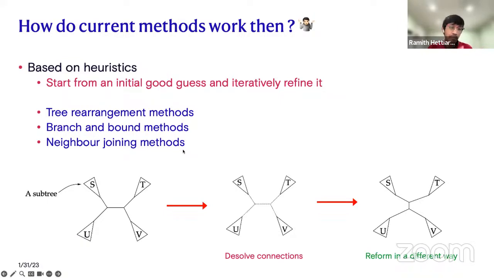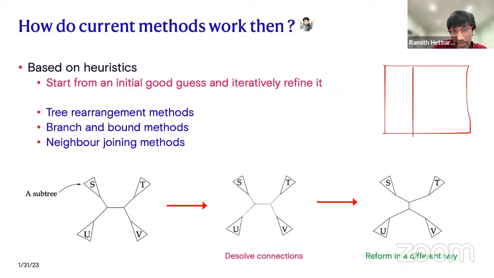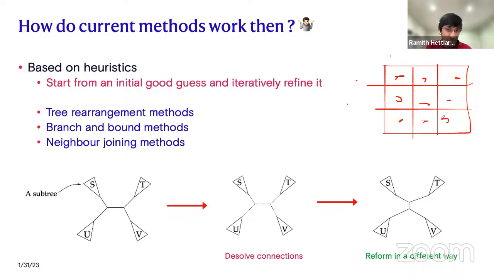We just look at the pairwise distances. If we have, let's say, three species, we can compute a matrix of pairwise distances and fill out this matrix. Once we have this matrix, we actually lose information about the sequences, but from this matrix we can build a good tree topology.